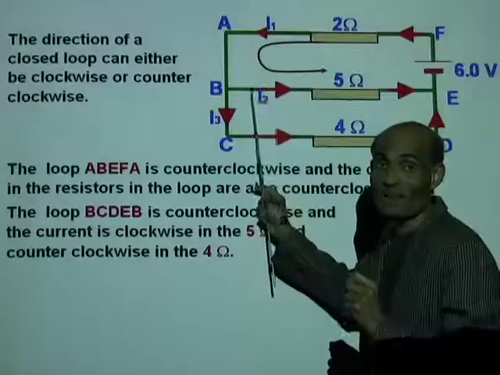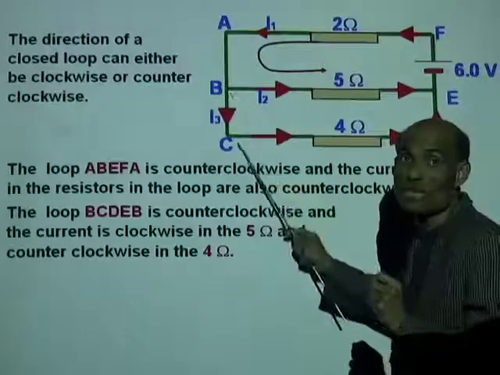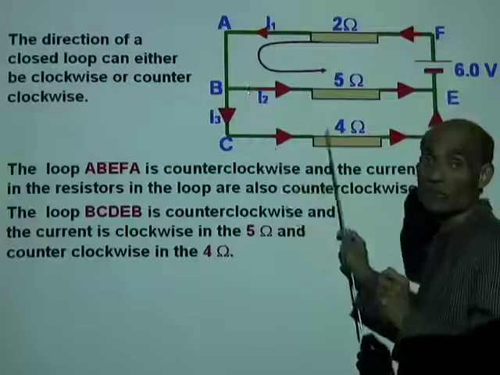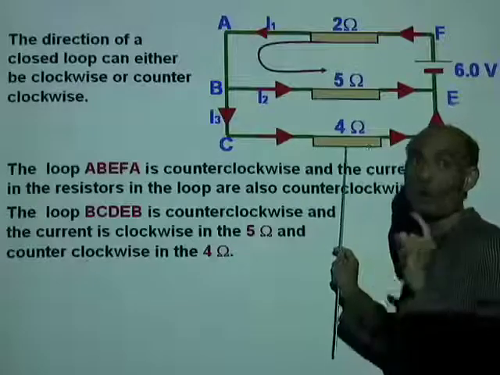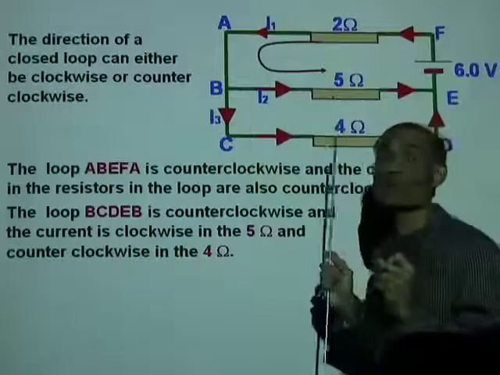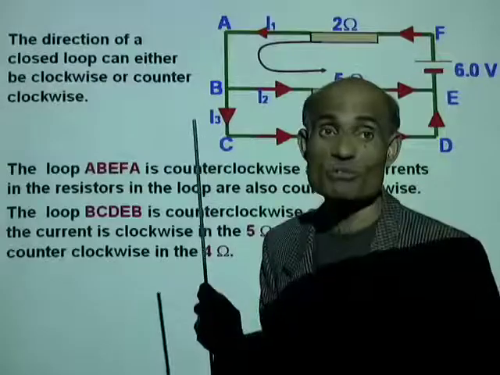Do you see that? That means when you trace out the loop B, C, D, E, B, the potential drop across the 4 ohm is positive and the potential drop across the 5 ohm is negative. Very important to know that.